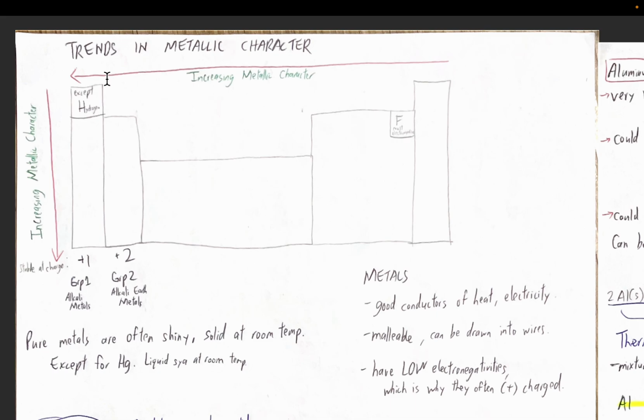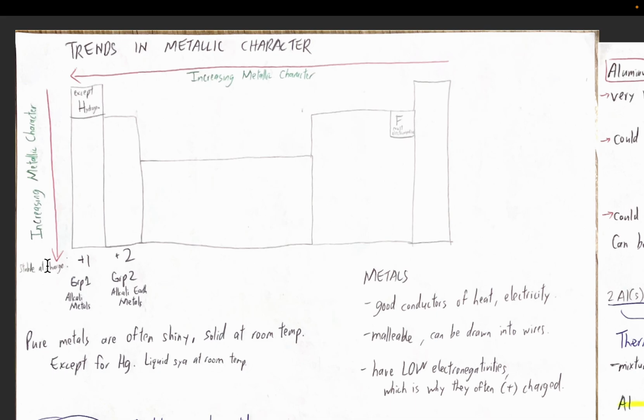In the same vein, you could say that metallic character has an inverse relationship with electronegativity. Again, fluorine is the most electronegative element. I think I mentioned that in the previous video. It makes sense for its inverse, which is metallic character, to be in the opposite direction: going to the left and going down.